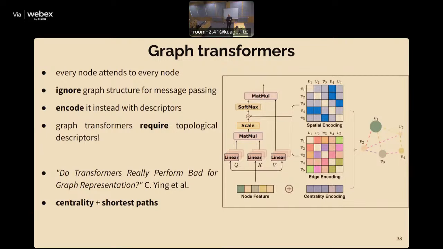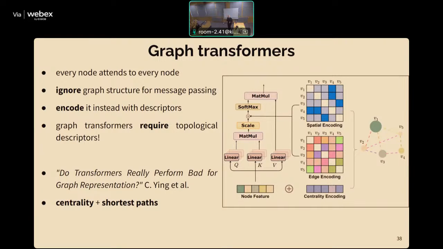For example, in this paper, which introduced Graphormer, this is the image on the right, this uses centrality, very simple, similar to what we talked about, and shortest paths, because those are obvious descriptors. And this combines node features with centrality values and shortest paths via edges. And combines these topological descriptors, which are extremely simple, with attention on nodes and the typical transformer.